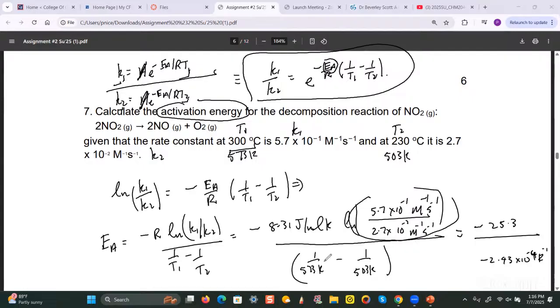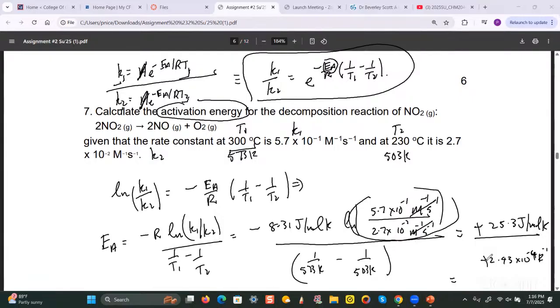Now in terms of units, this will cancel out with that. So the units remaining will be joules per mole Kelvin. All right. So let me do this calculation. So the negative signs will cancel out. So 25.3 divided by 2.43 times 10 to the minus 4.